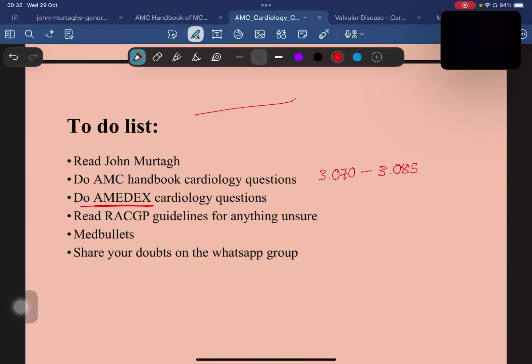And then something I wanted to mention was med bullets. I know not all of us might have time to sit down and write notes and shorten these big study areas, so I would suggest med bullets as a very convenient resource to get ready-made notes.